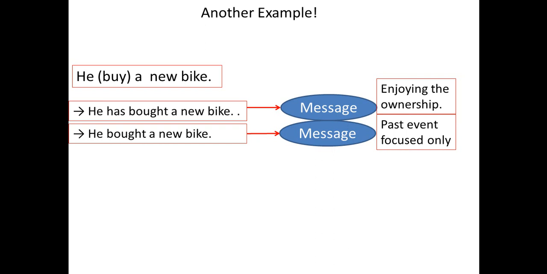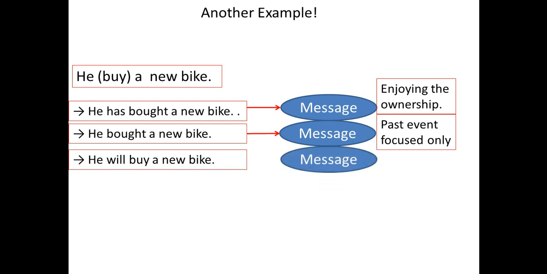So this sentence can be rewritten in another way, and this is: he will buy a new bike. It means the sentence is in future simple because the focus is on the instant decision. The speaker did not take any decision about buying a bike earlier.